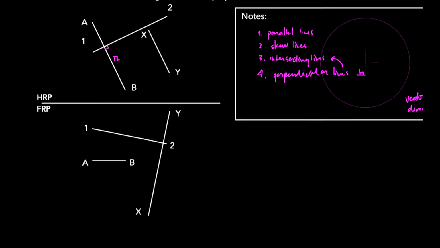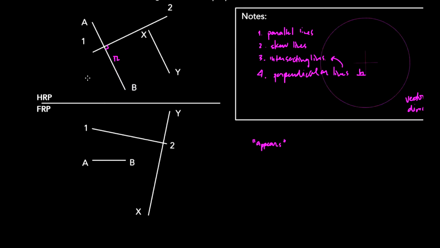At this point class, gusto kong i-differentiate yung true parallelism and yung parang appears parallel to each other, no? So any time na sinabi kong appears parallel or appears perpendicular, I am referring to a particular view.